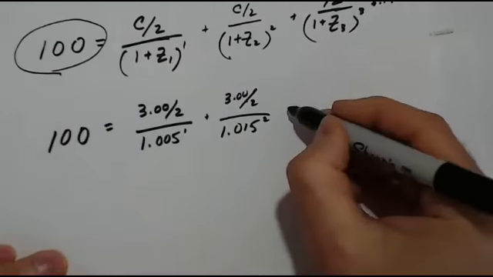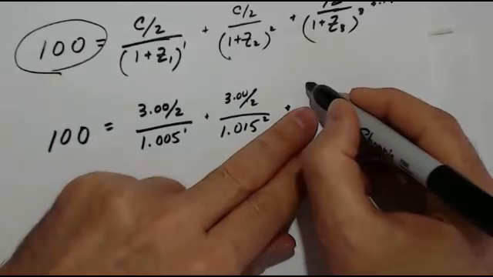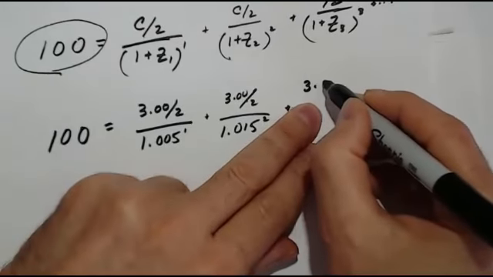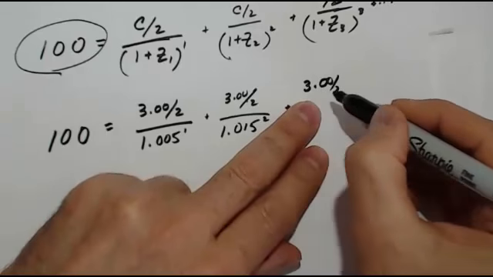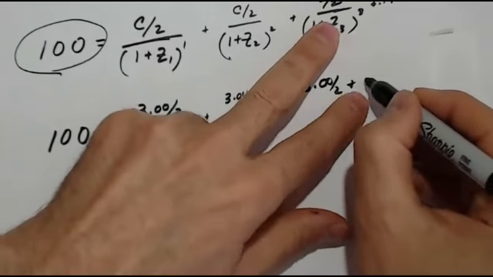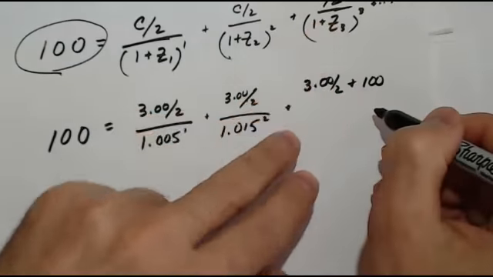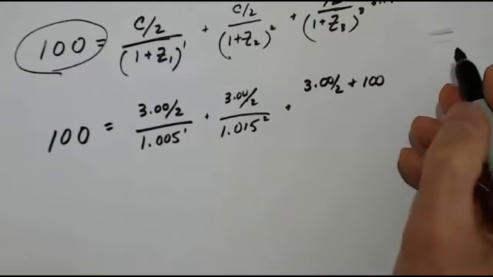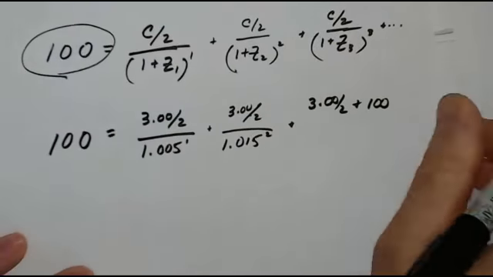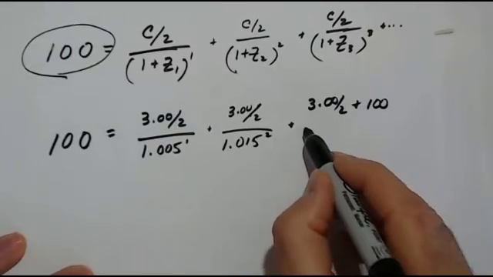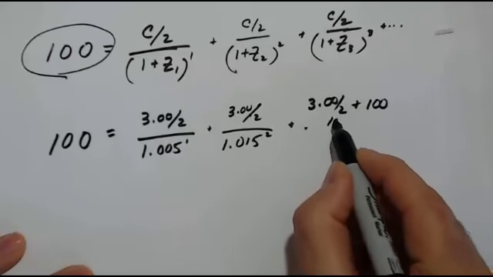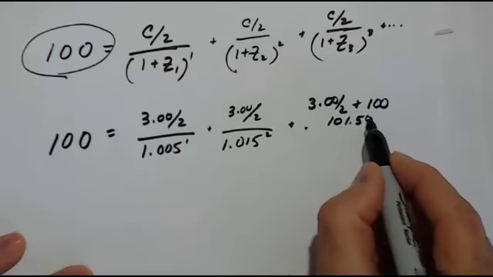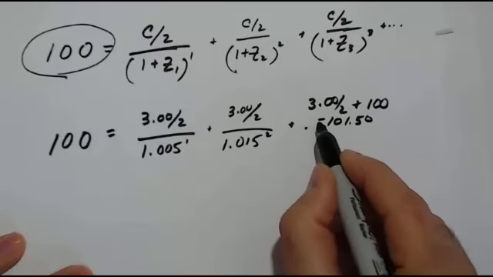Well, on this bond, I'm going to get $3 divided by 2. I'm going to get the last coupon. Plus, don't forget, it's going to mature for $100. Okay, when I'm all said and done, I need to discount that whole thing. So this is $101.50 is what that equals.